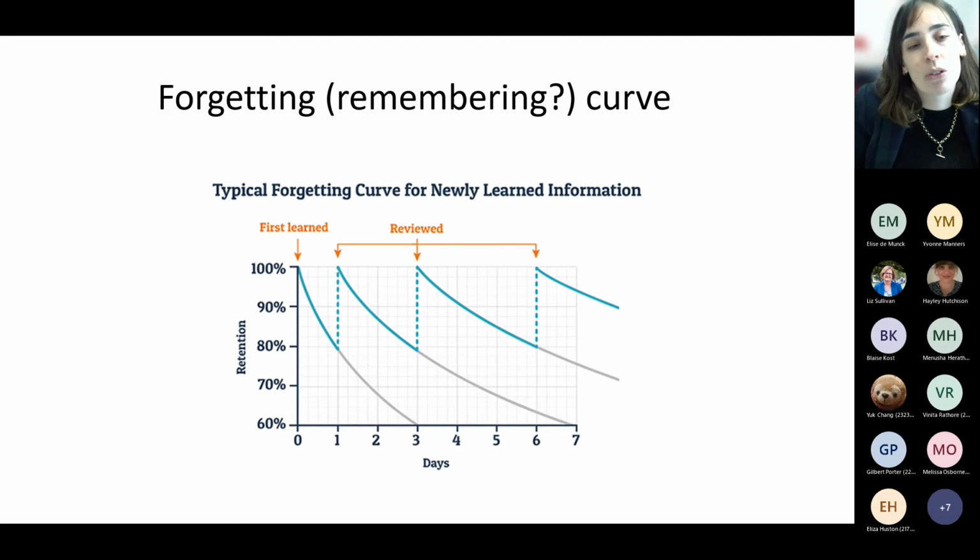When we're next exposed to the information, that curve is not quite as steep, and so on, so on. So this probably fits with your experience too. We know that repetition helps us learn something, but the spacing here is so important, and how we organize our time, because if you think back to that decision, let's just say it's simpler to think about it in terms of a test that you've got coming up.